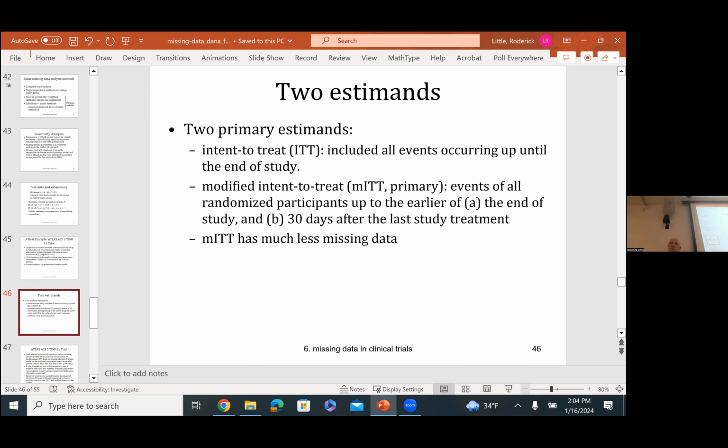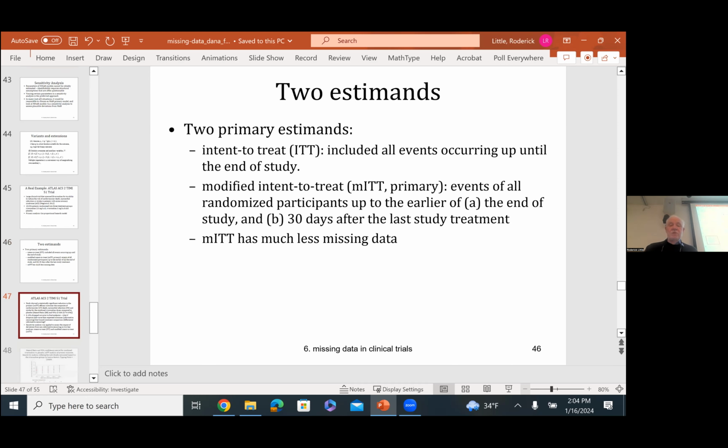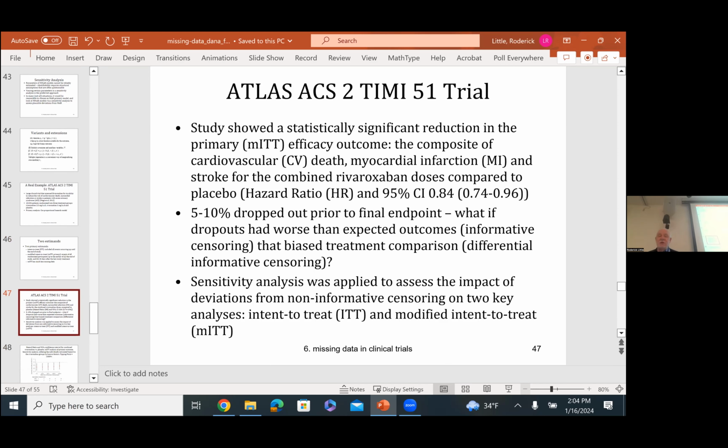The idea being that the effect of the blood thinner would have washed out after 30 days, so it wasn't worth including them. The FDA, of course, wanted intention to treat. Janssen wanted modified intention to treat because there's much less data missing. They ended up doing both. But anyway, this is an example where different types of estimands could have different implications for missing data. And so it might be worth figuring out how much missing data there is and taking it into account.